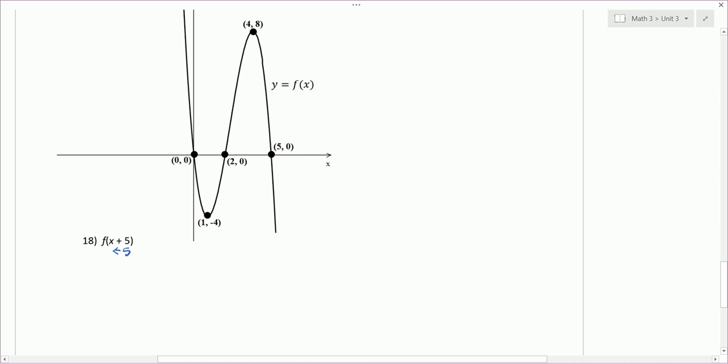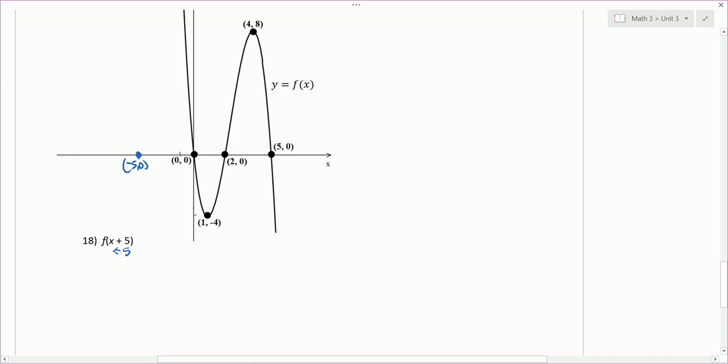Well, this first one at 0, 0 is going to be over here at negative 5, 0, right? The 1, negative 4, if we move that left 5 units, it's harder to see without a grid here.